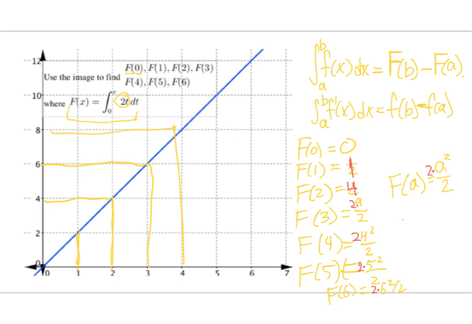So we're saying that the integral of 2t going from 0 to x is basically equal to x squared. Which again is kind of weird, because I know that the derivative of x squared gives us 2x. And this process from 2t gave us back that x squared. That's kind of a weird thing.